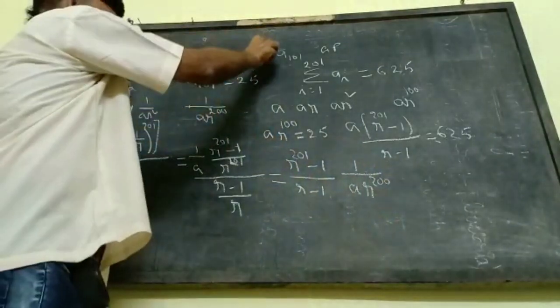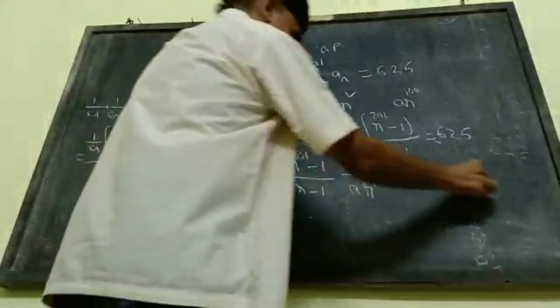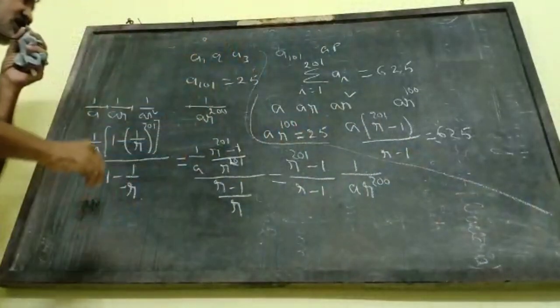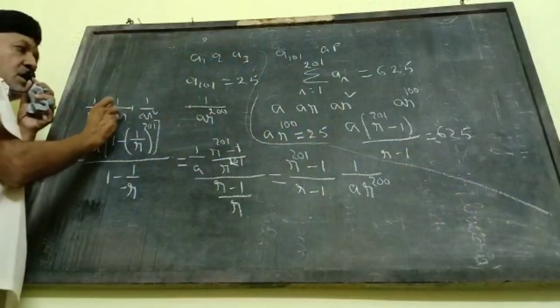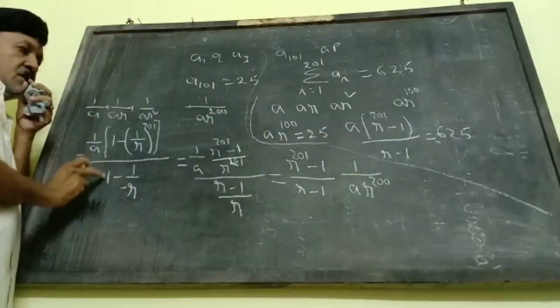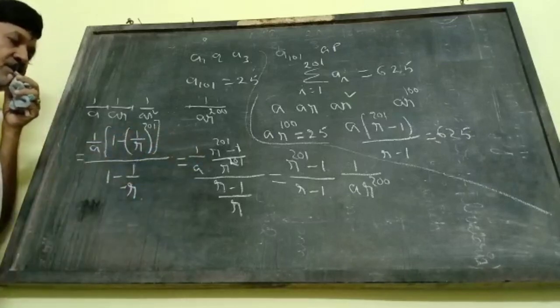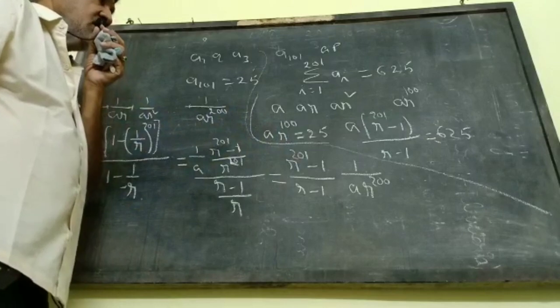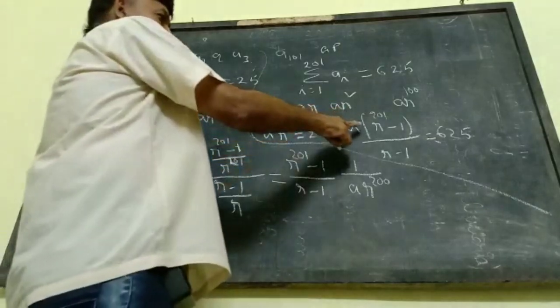Don't confuse this: 1 by A, 1 by R, 1 by R square, up to this. You simplify and you will get it like this. Okay.